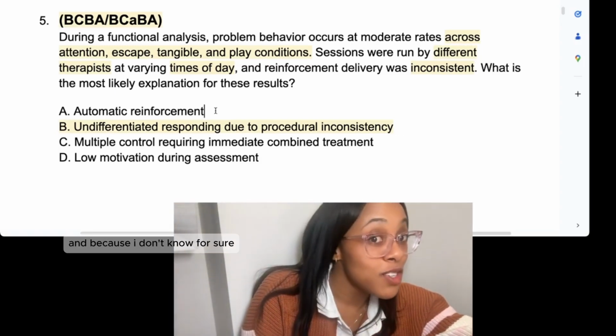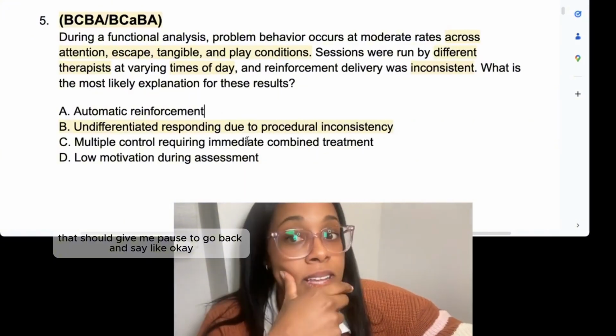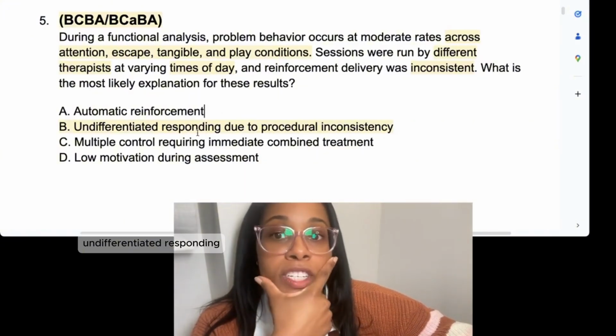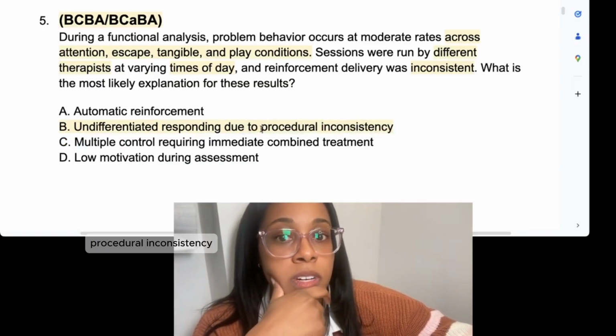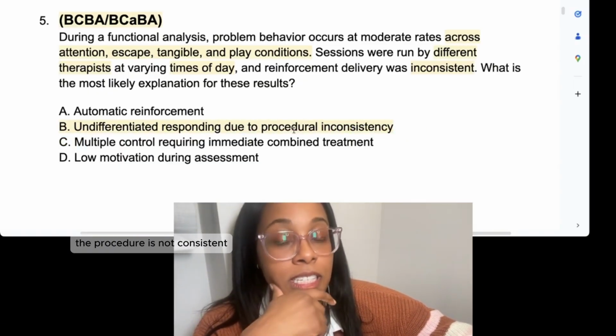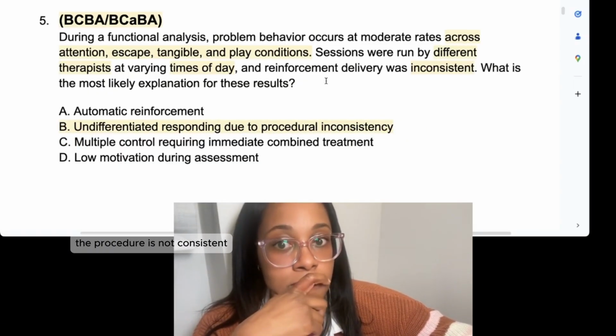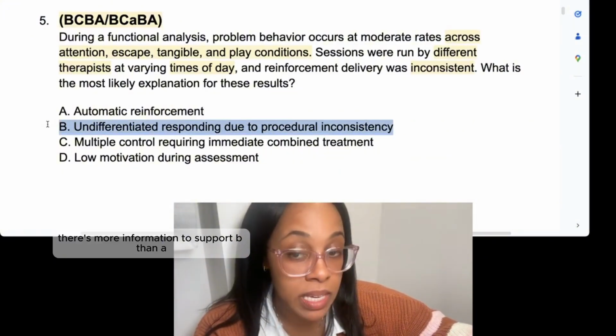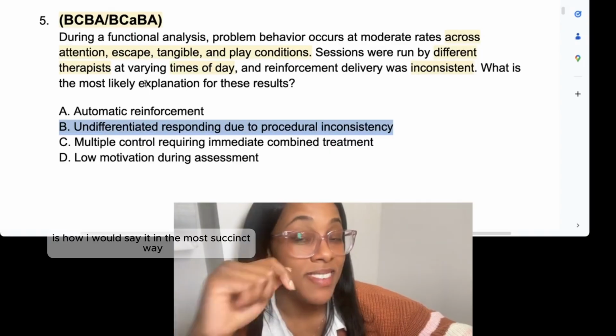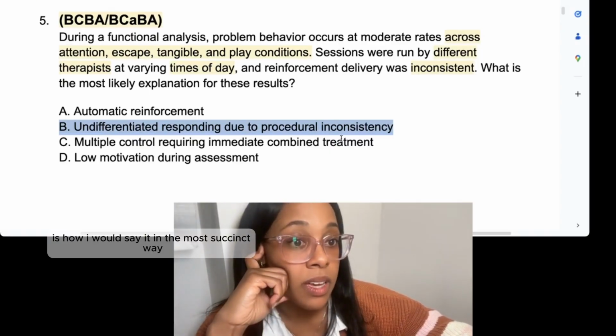And because I don't know for sure, that should give me pause to go back and say, okay, undifferentiated responding, even if you're wondering what that means, procedural inconsistency. The procedure is not consistent. There's more information to support B than A, is how I would say it most succinctly.